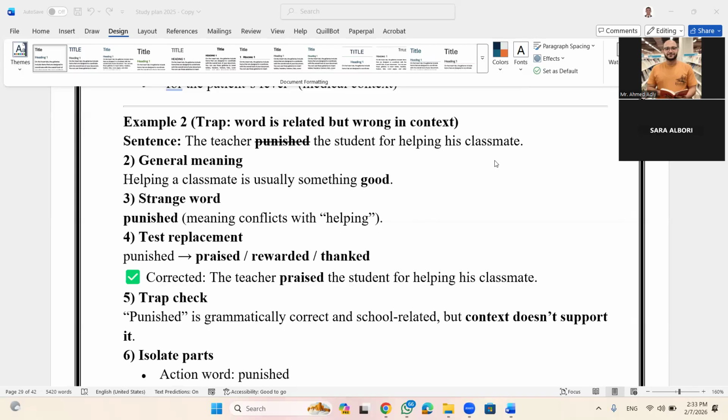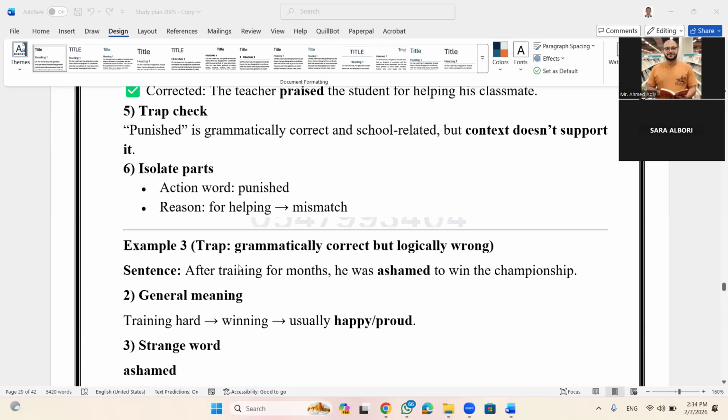Punished. Is it replaceable? Yeah, it should be replaced by praised, rewarded, thanked. So it makes sense here. And the trap here is the word punished is a verb, and the word I need here to replace it should be a verb too.